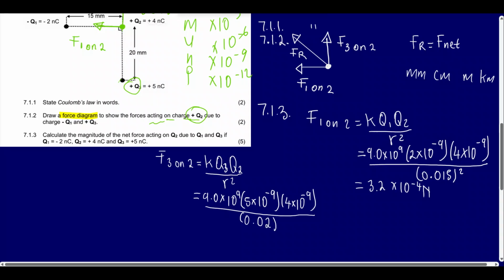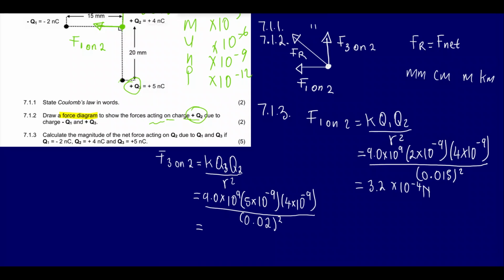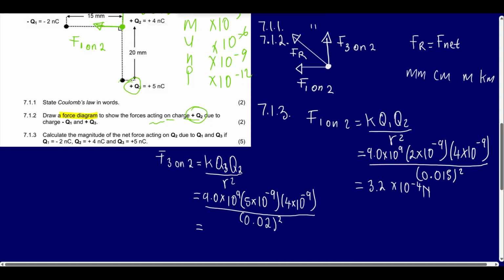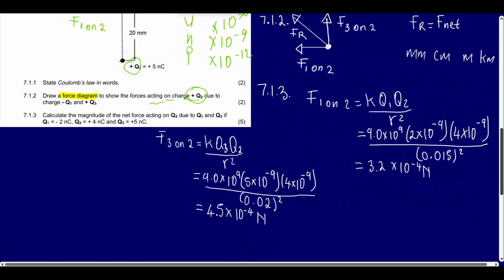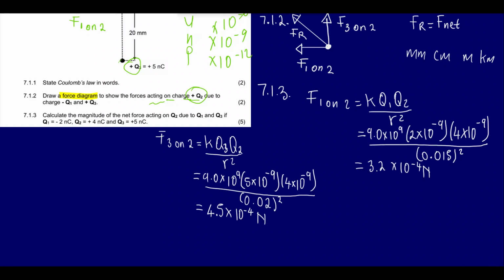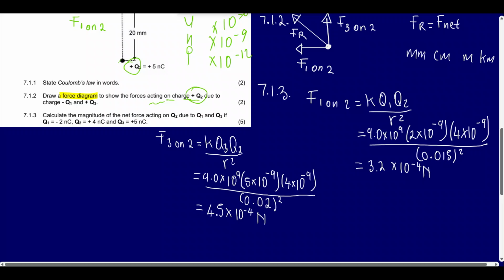It's 20 millimeters, so we put 0.02, square that, and then we can quickly get the answer. The answer for this one is 4.5 times 10 to the power of negative 4.